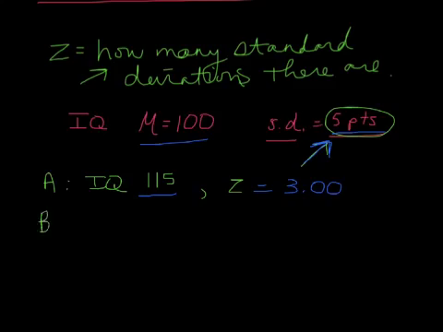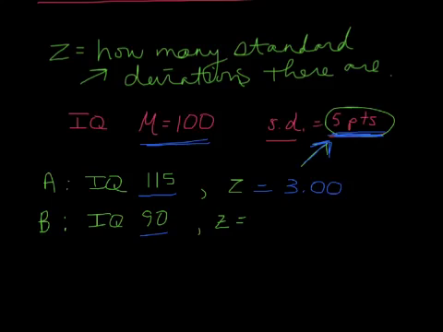All right, so let's look at person B. If that person had an IQ of 90, and you had to calculate what their z-score was, remember, z-score is how many standard deviations there are. Average is 100. They're 90, so they're 10 points below average.